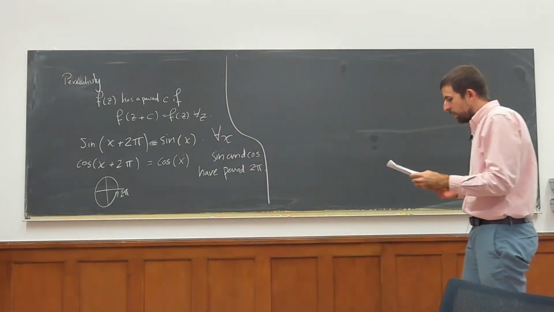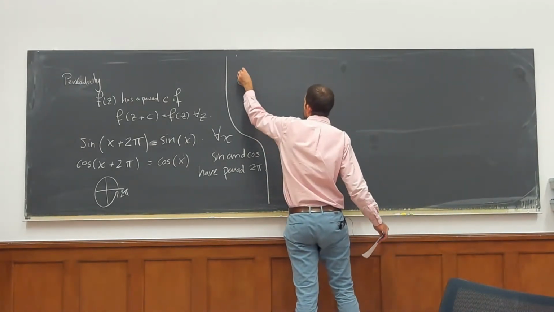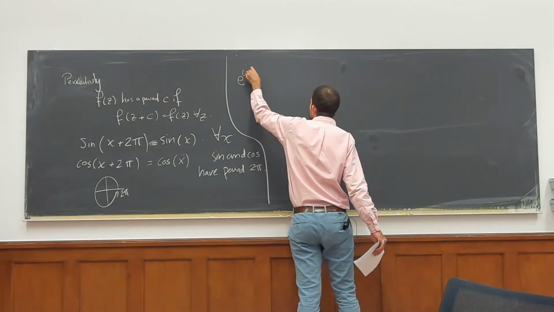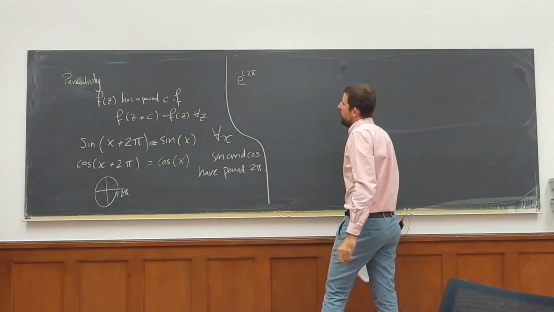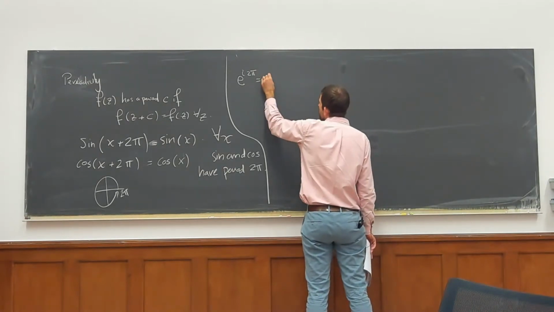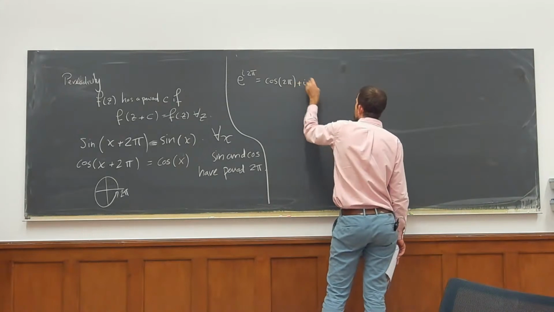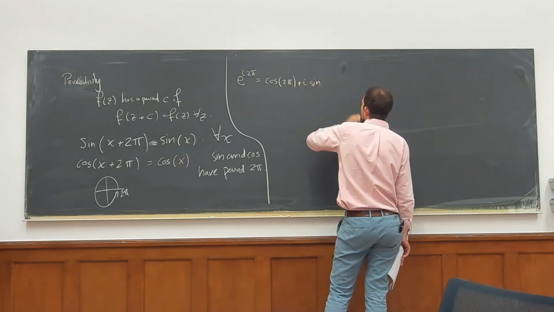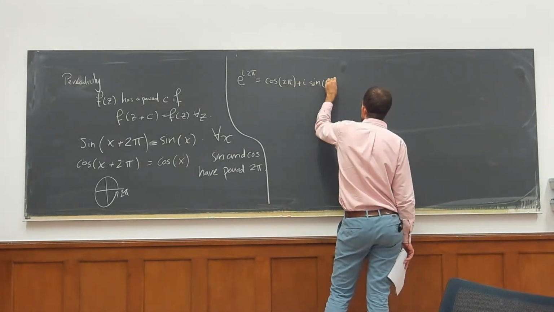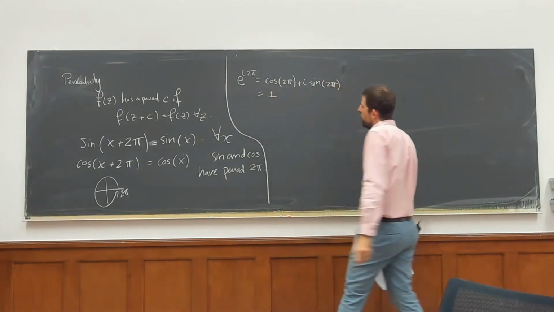Okay, so in particular, we immediately get e to the i 2 pi, for example. What is this equal to? By Euler's formula, this is just cosine of 2 pi plus i sine of 2 pi, so this is equal to just 1.